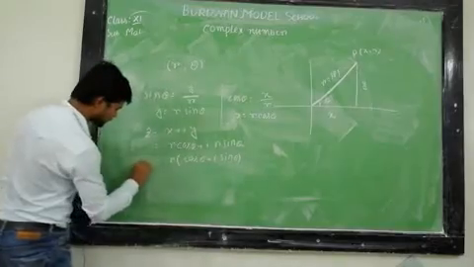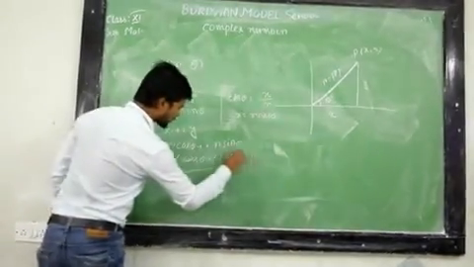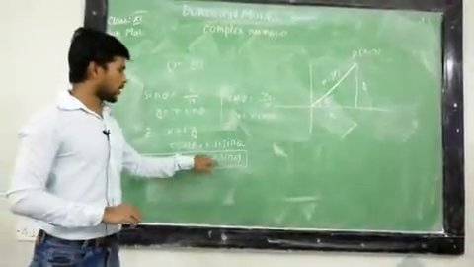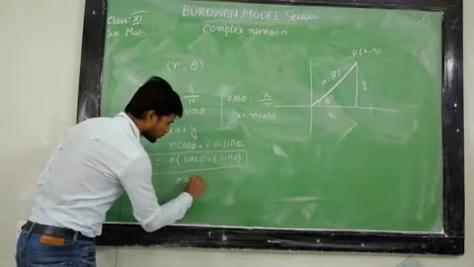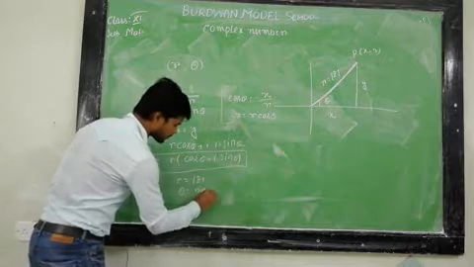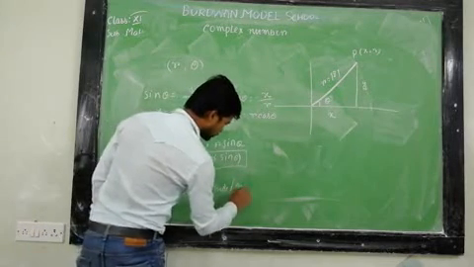This is the polar form of a complex number: z equal to r(cos theta plus i sin theta), where r is the modulus of z and theta is the amplitude or argument of z.